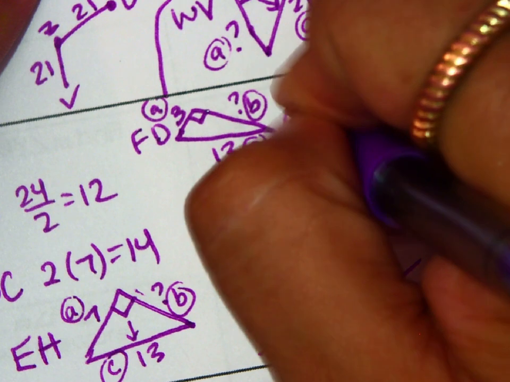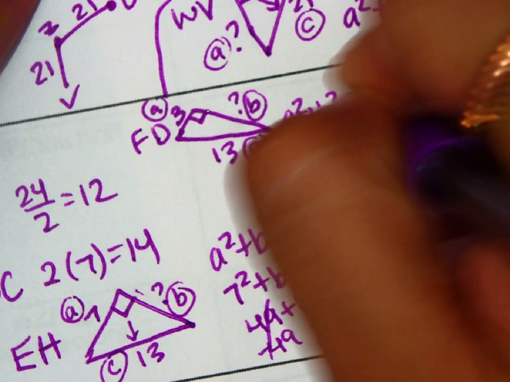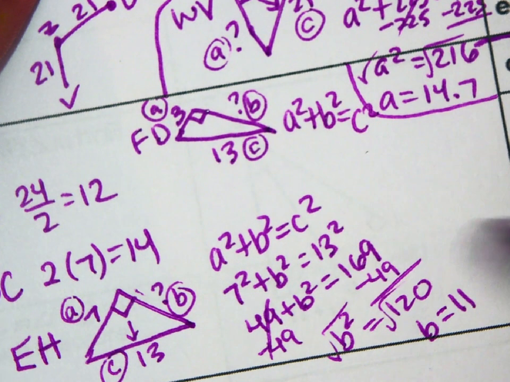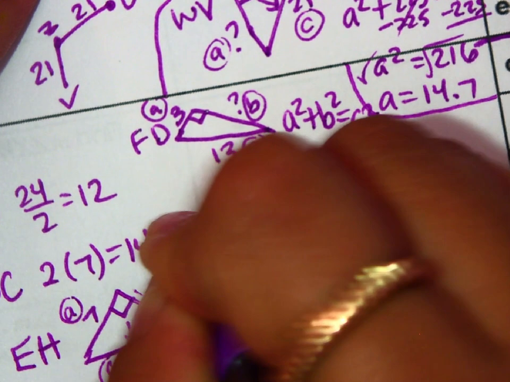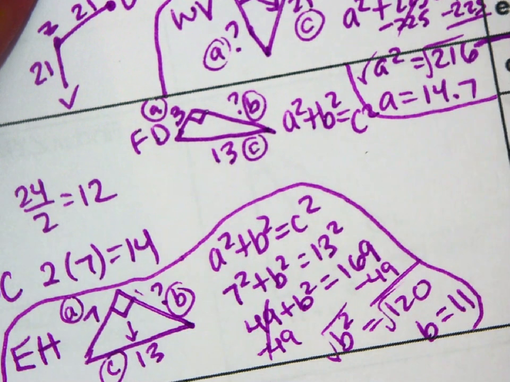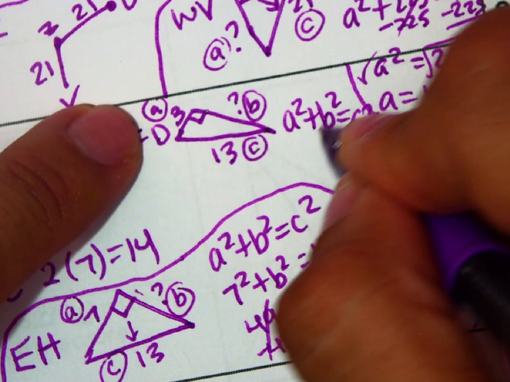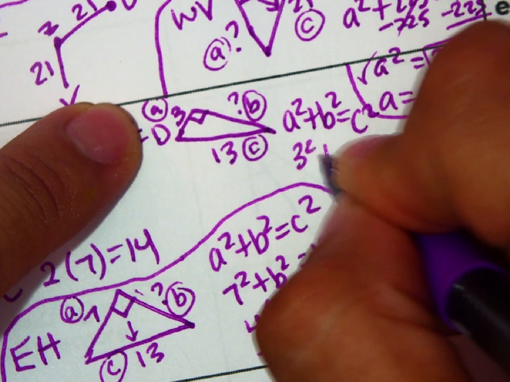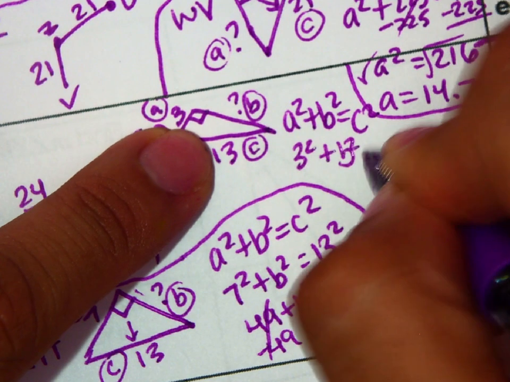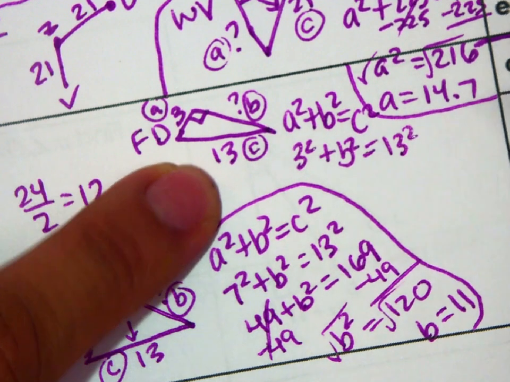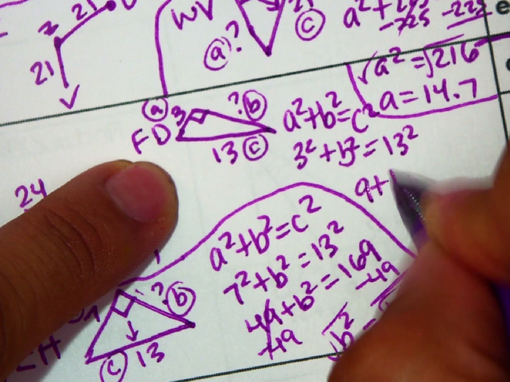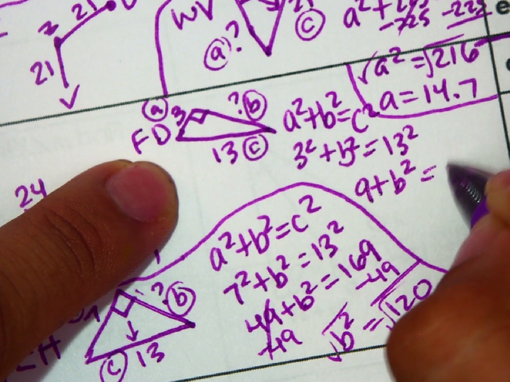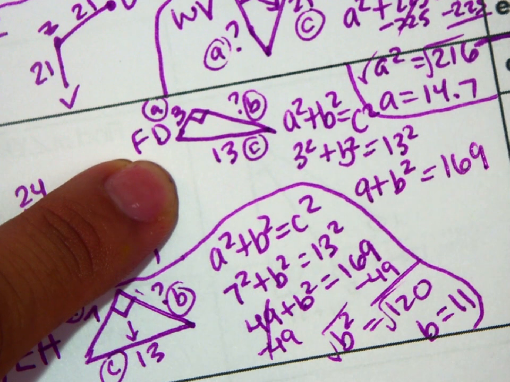A squared plus B squared equals C squared. I'm going to sketch this around this so I don't mix it up. We're going to have A squared, which is 3 squared, plus B squared equals 13 squared. And then 3 squared is 3 times 3, which is 9, plus B squared equals 169.